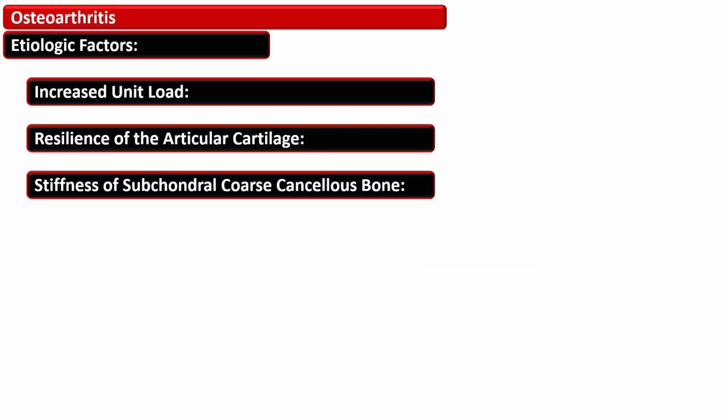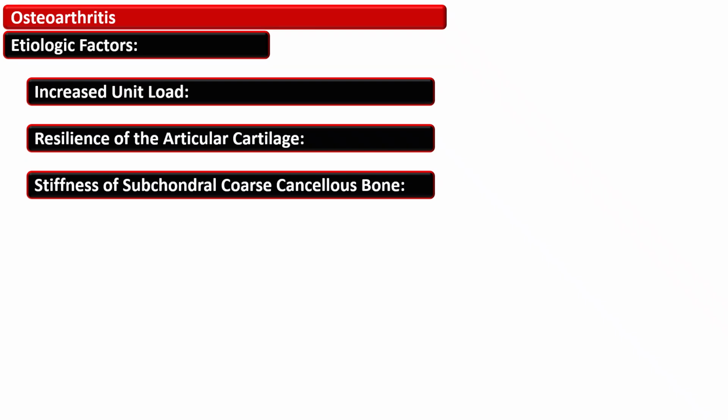The etiological factors for osteoarthritis are increased unit load, resilience of the articular cartilage, and stiffness of the subchondral coarse cancellous bone. There are many reasons for the increased unit load. Abnormal force on the cartilage may have many causes, but is often attributed to incongruities of the joint.